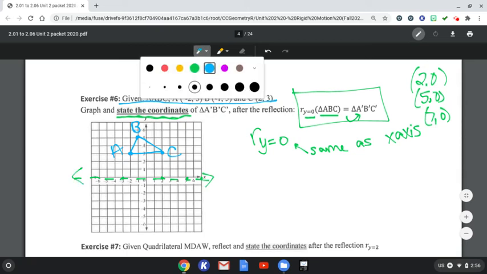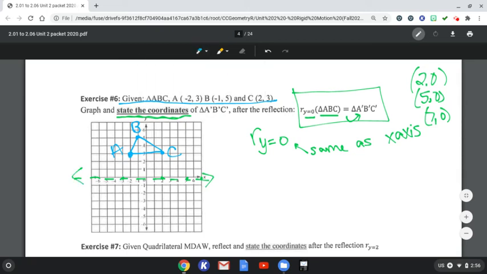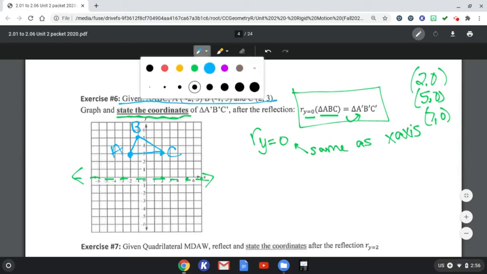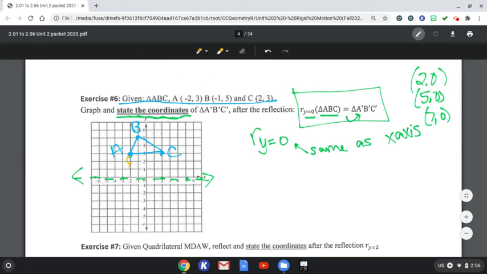So what I'm going to do to each of these ordered pairs for A, B, and C is reflect them over my x-axis. So if A is 3 boxes away, I'm going to go 3 boxes down to find point A prime. C is 3 boxes down. I'm going to go 3 more boxes down to find C prime.